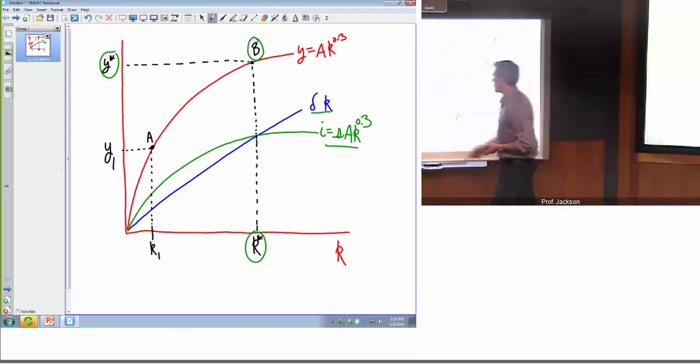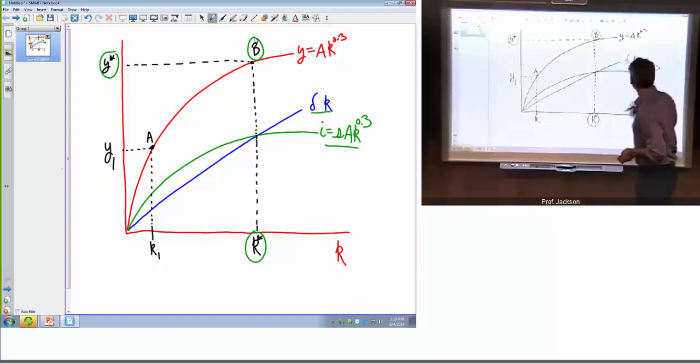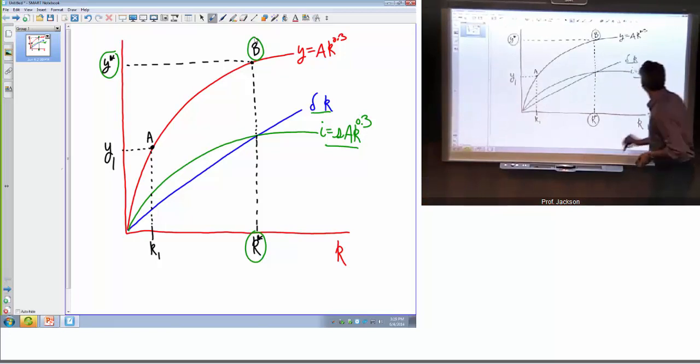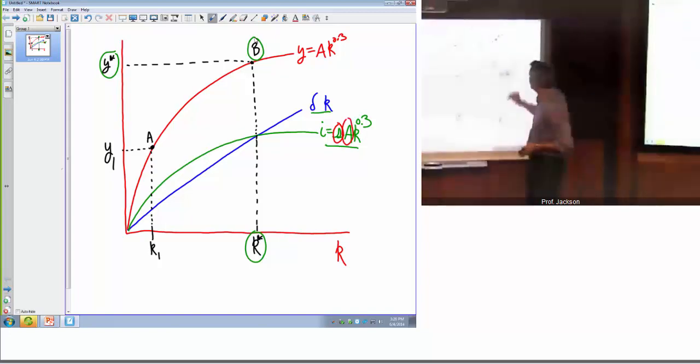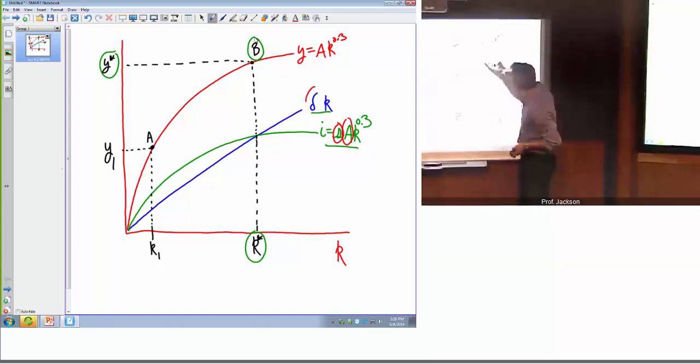So you can imagine situations where countries might have otherwise similar savings rates, similar technological factors, and similar depreciation rates. So if it boils down to those three factors and countries are similar, then you would expect this model to hold, at least in a basic sense.